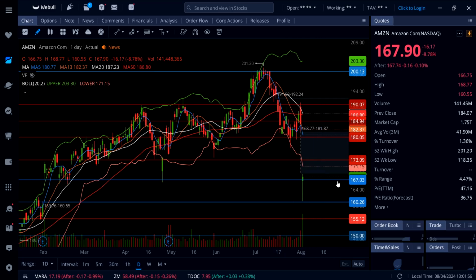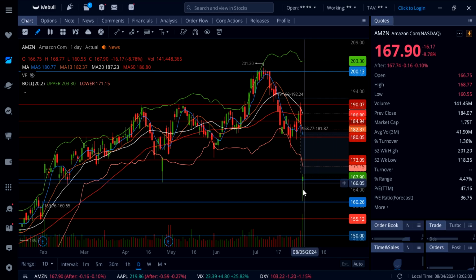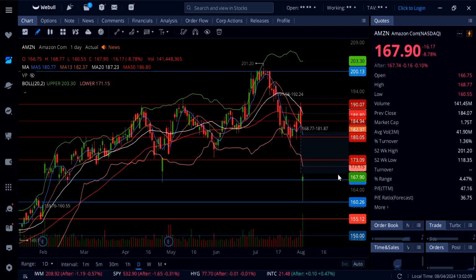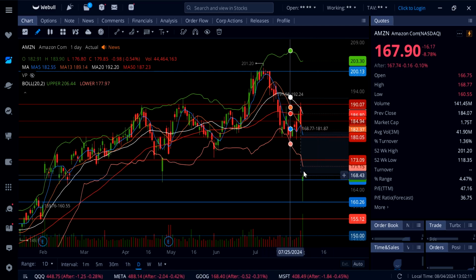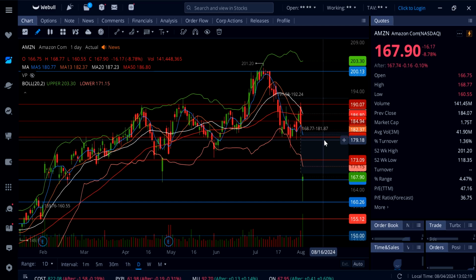This critical level, 167. So here on Amazon, we do have some high volume holding 167. So we might see some sort of relief rally, a retracement back up to maybe 171 to 173. And this is where you need to watch, 173.